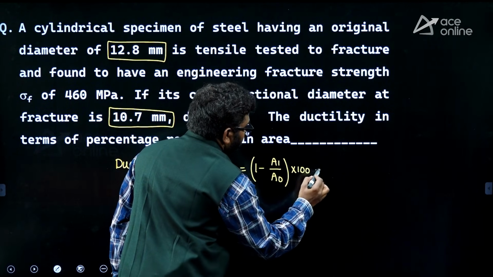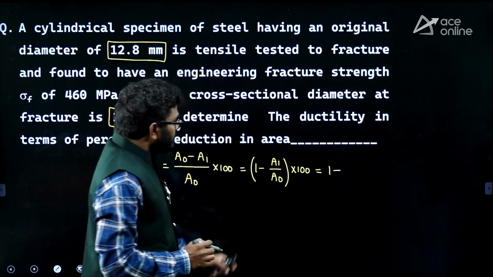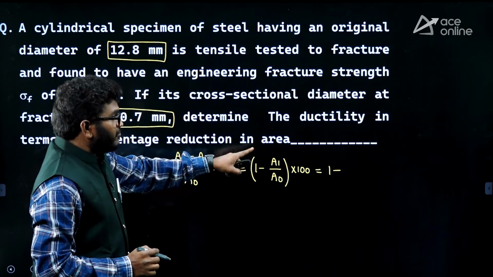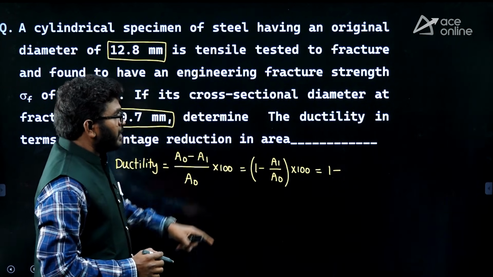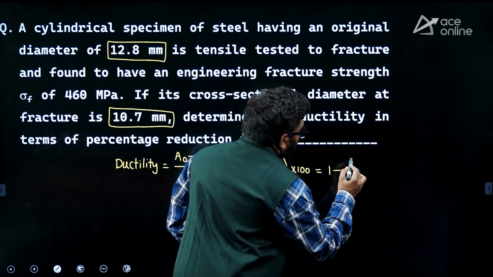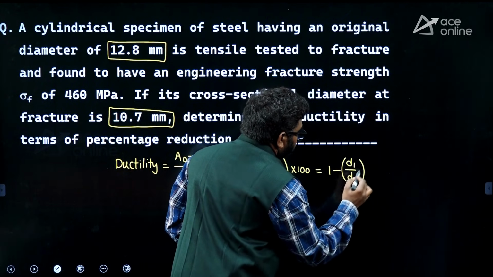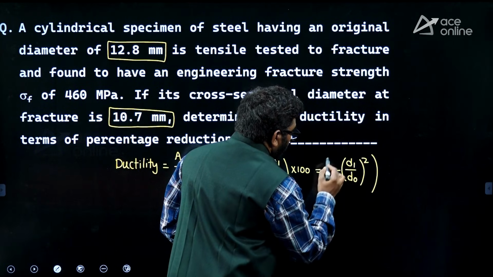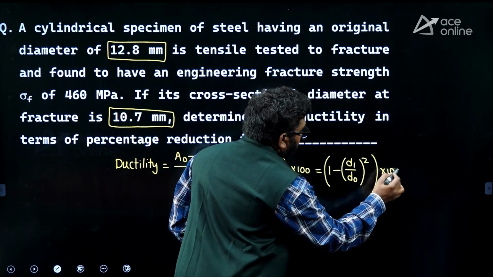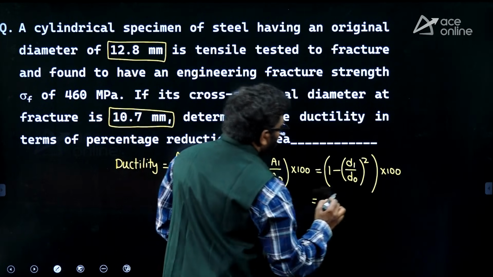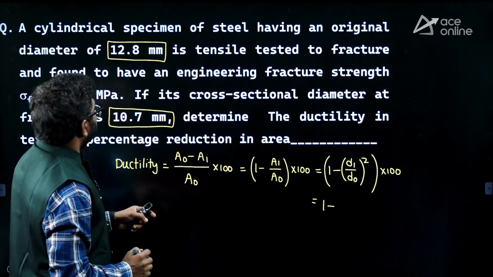Again I will simplify this. 1 minus A1 is what? Pi by 4 D1 square. A naught is what? Pi by 4 D naught square. So, D1 by D naught whole square into 100.